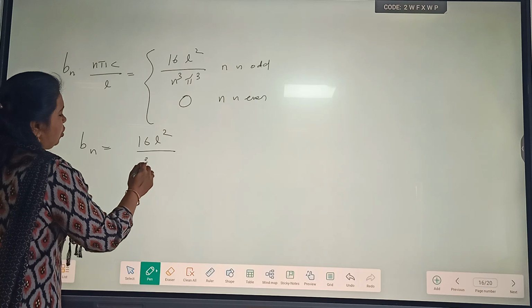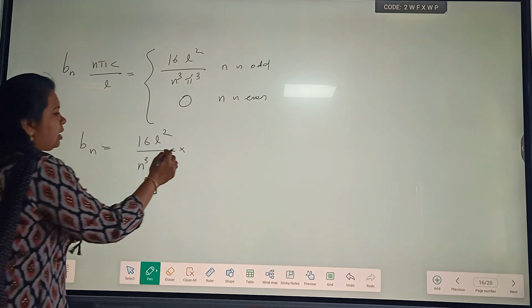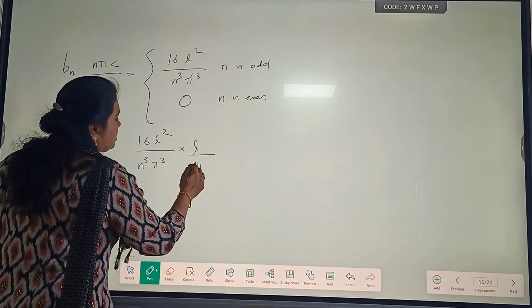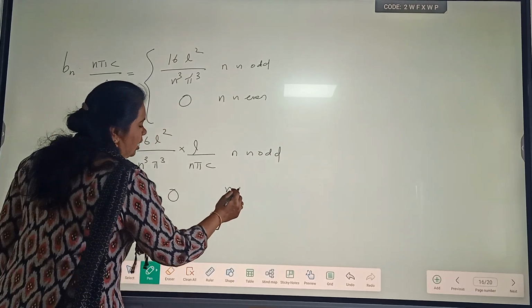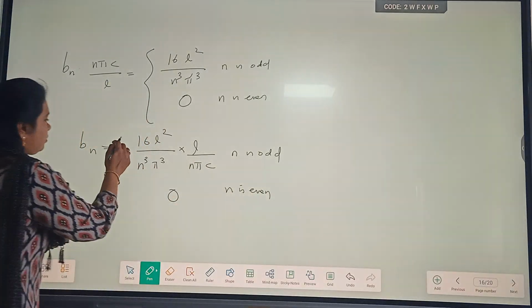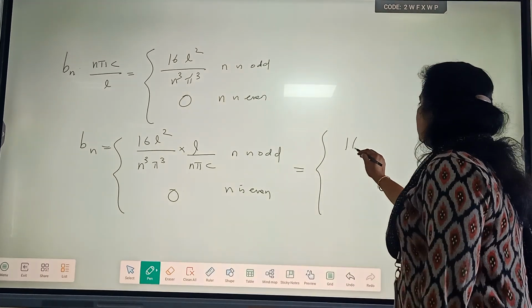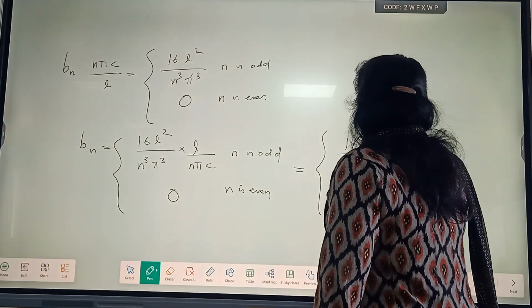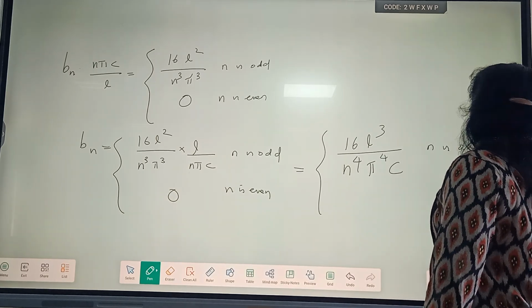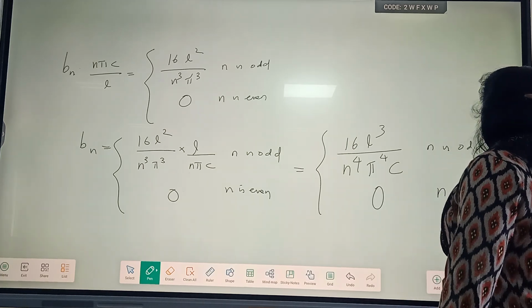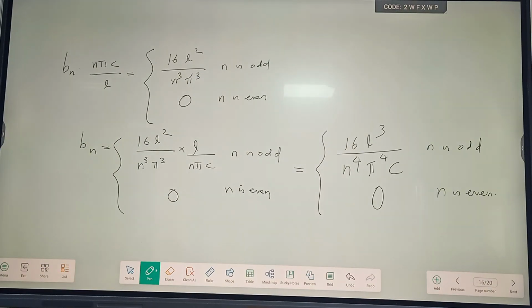L square by n cube pi cube multiplied by L by n pi c, so this answer will be exactly 16 L cube by n to the power 4 pi to the power 4 c when n is odd, 0 when n is even. So this is the answer for Bn when n is odd.